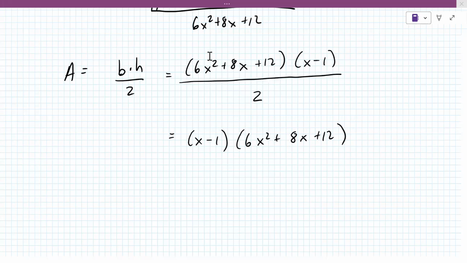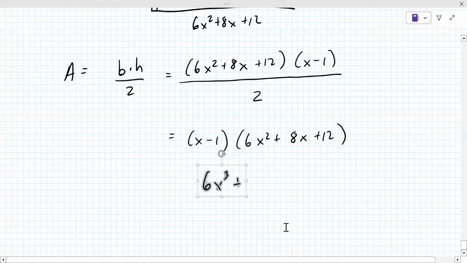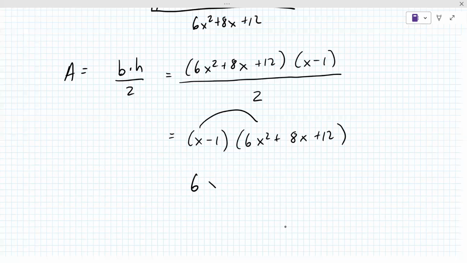6x cubed plus 8x squared. It's not 8x squared, but keep going. What's the next one? 12x. Okay. So let me run through this. x times 6x squared is 6x cubed.